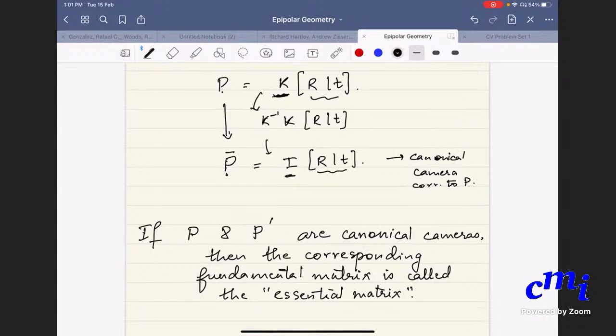This is the definition of the essential matrix, and I will stop for now. On Thursday we will list the properties of this essential matrix. Some properties of fundamental matrices are simplified in this special situation, and because of this simplification there are some other nice properties that come by.